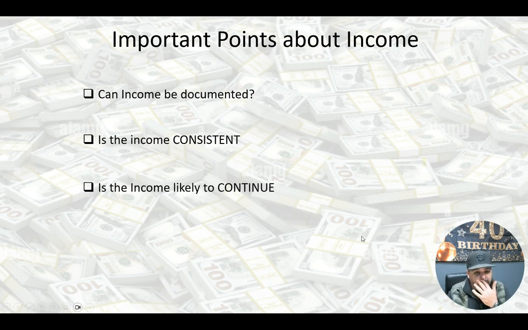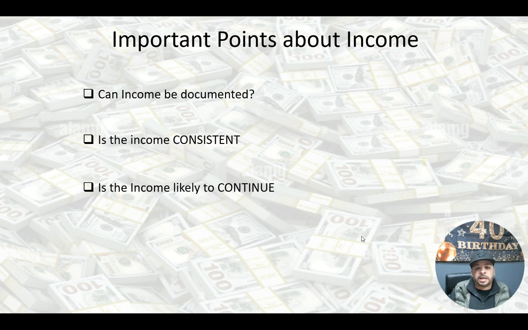And then the last part, is it likely to continue? Is this a situation where you're seeing the income steadily decline? I have seen people who went from full time, 40 hours plus, to where it dropped to 36, and now they're part-time. That's steadily declining.